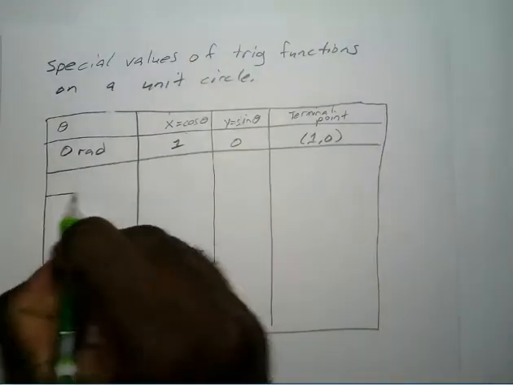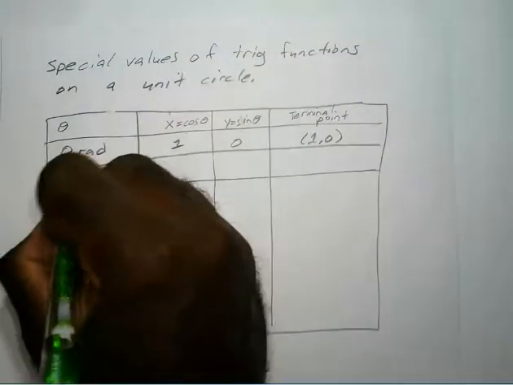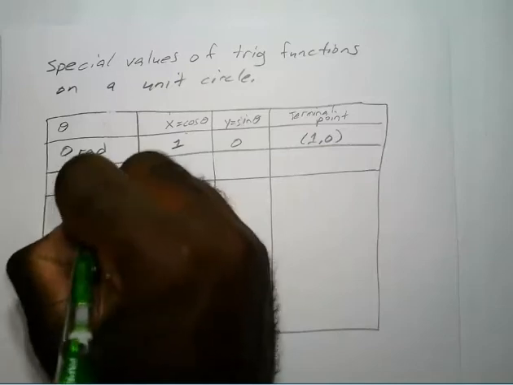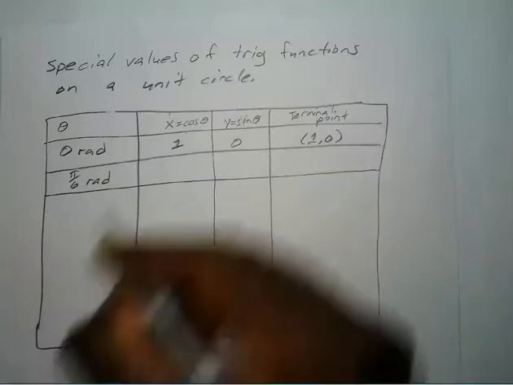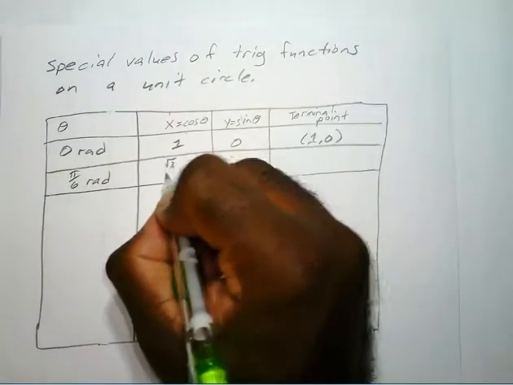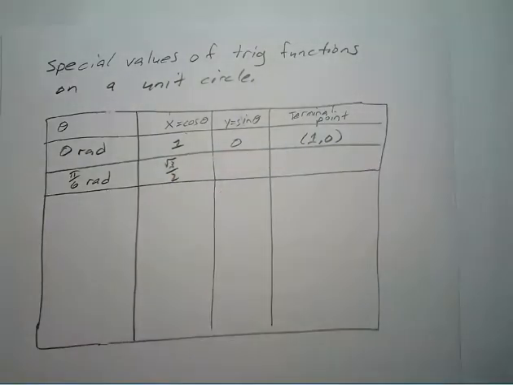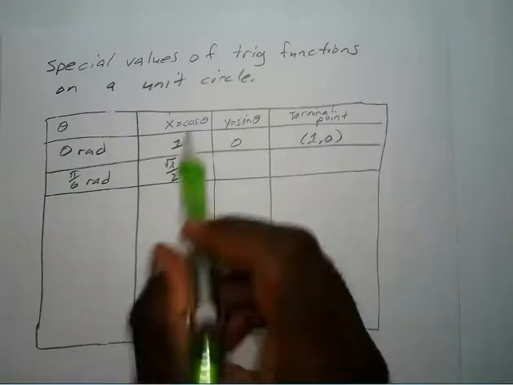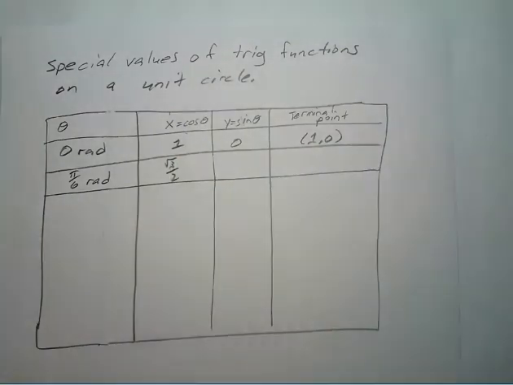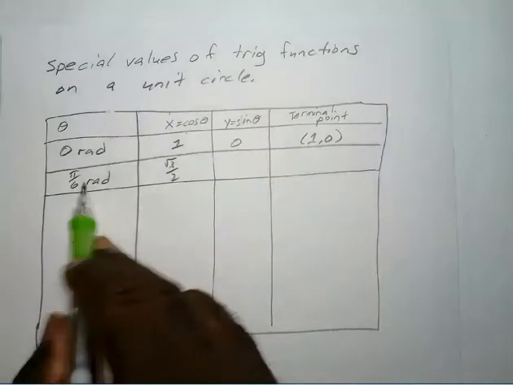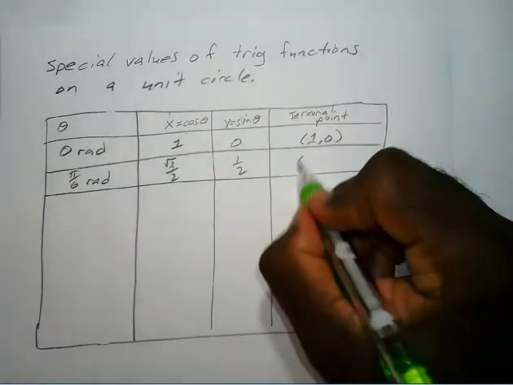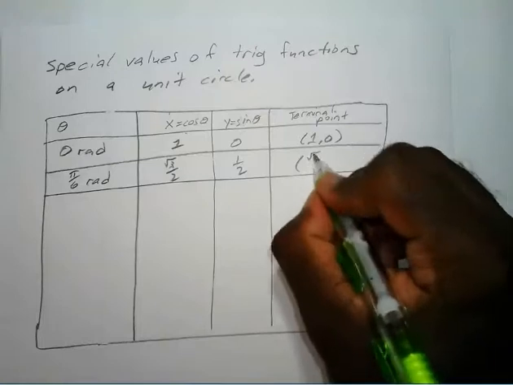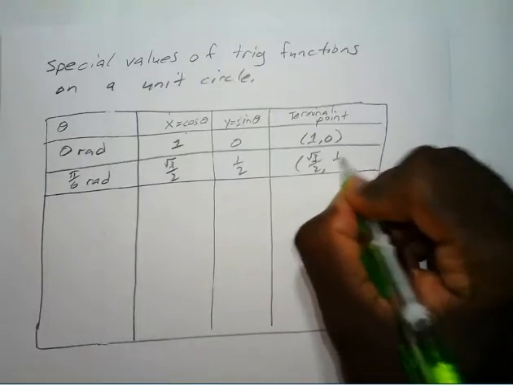Let's look at pi over 6 radians. Cosine of pi over 6 is square root of 3 over 2, and sine of pi over 6 is 1/2, which gives you the terminal point square root of 3 over 2, 1/2.